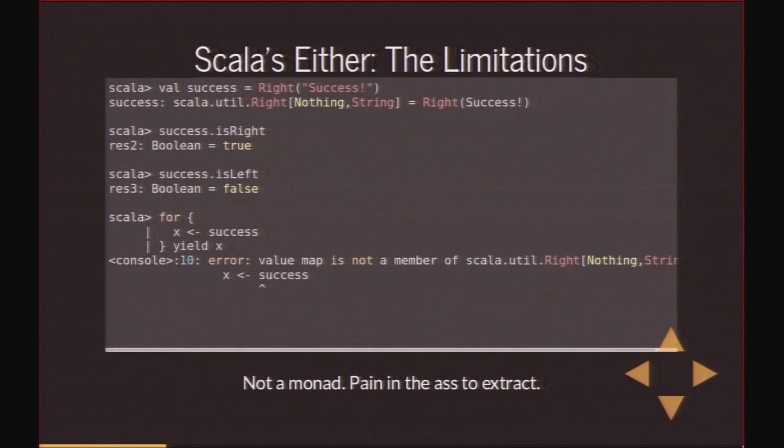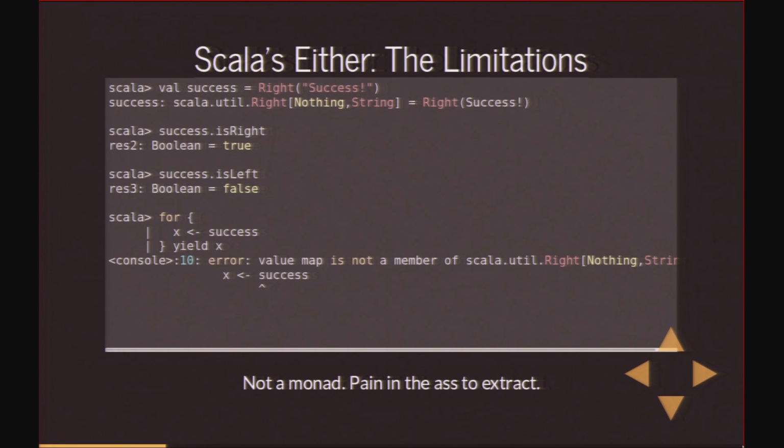Very briefly, I have an instance of Either here, where I've instantiated Right, which is success. I can ask, is this a right, is this a left? But the problem is if we try to iterate over this, we can't do computation over this. It's not a monad. We can't extract it this way. We can't stick it into a for comprehension. So we can force a right projection or a left projection, which solves this.